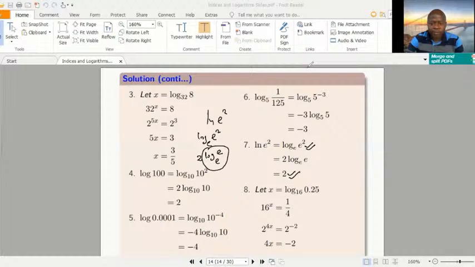And then lastly, we want this 0.25. Because if you are doing this question in an exam, you may not think in terms of 4. So if you don't think in terms of 4, then just let it be x, and then write in index form where 0.25 is 16 raised to x.